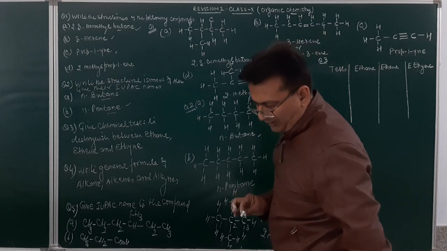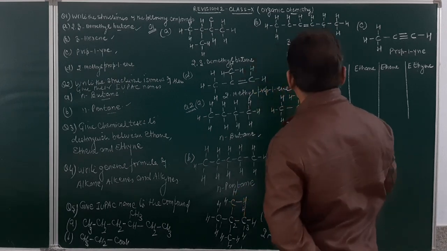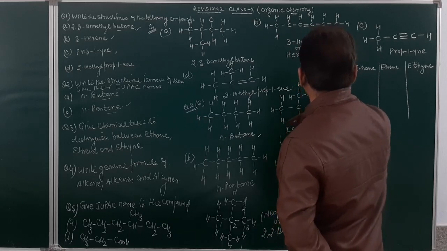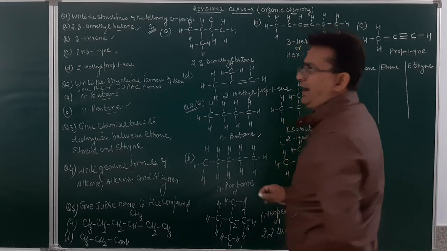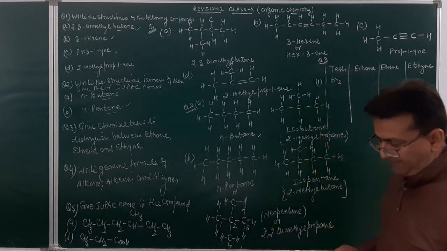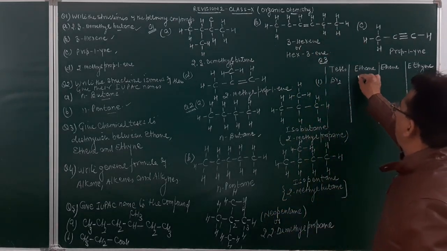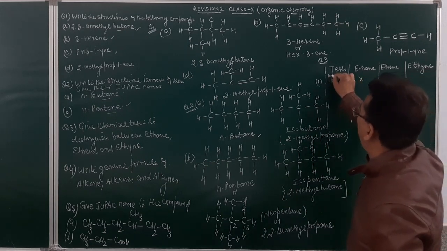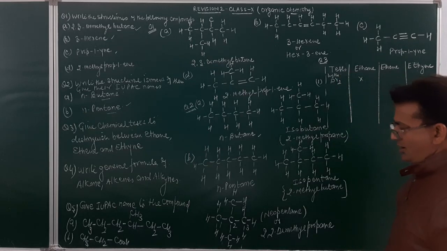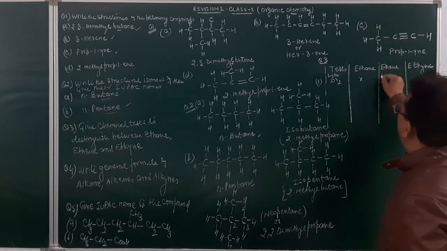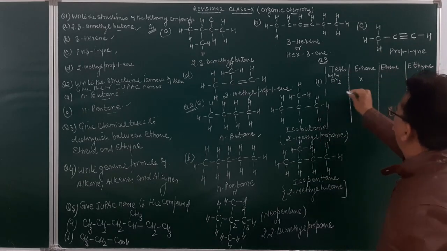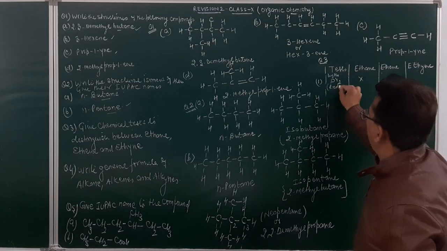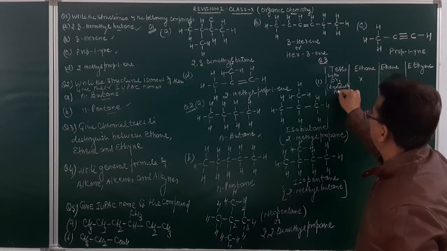The first test is the bromine water test. If we add bromine over here, what do we obtain? For ethane there will be no observation. Bromine is reddish brown in color.